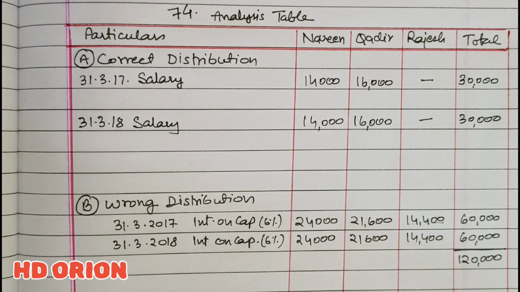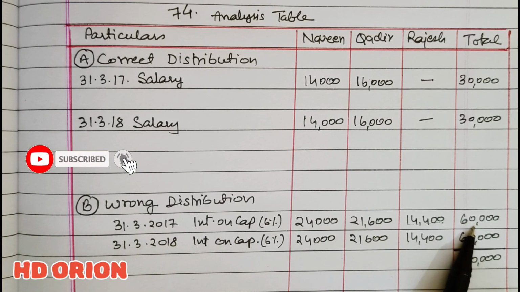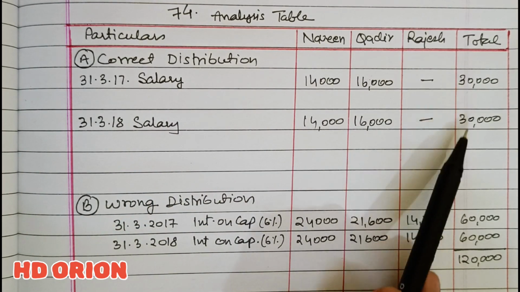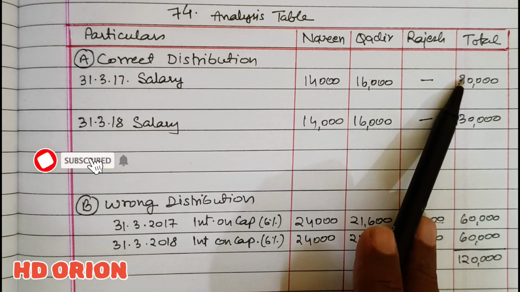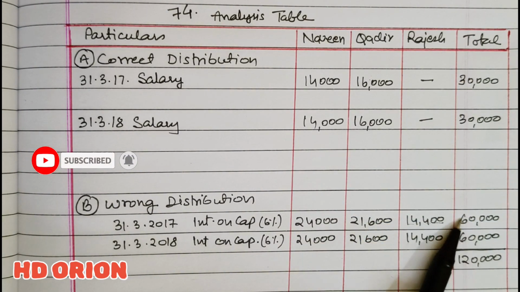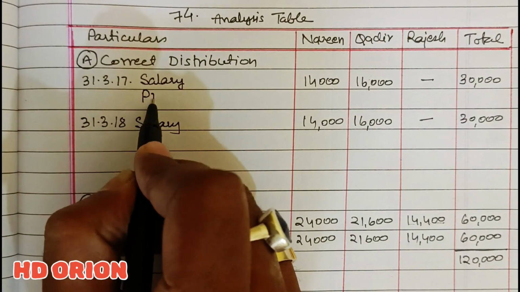Now we have to understand that the mistake in each year is rupees 60,000, but we have salary amounting to rupees 30,000 only. So it is not balanced. Here it is 60,000, but here it is 30,000 for both the years. So the remaining 30,000 is nothing but profit.